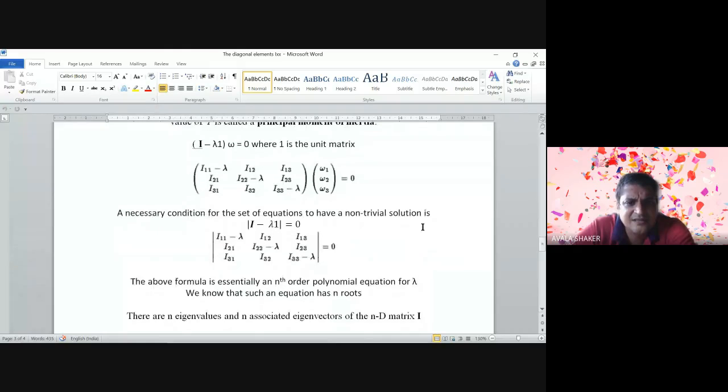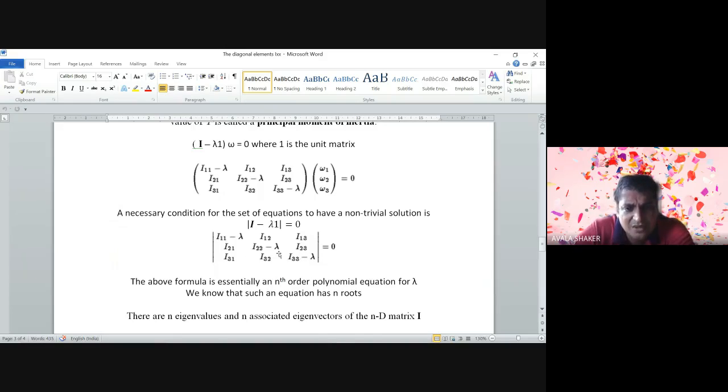The next is the necessary condition for a set of equations to have a non-trivial solution. This we know from mathematics: if you take the determinant of I minus lambda 1, it should be equal to 0. So we will solve this determinant to get lambda, because we have calculated all the I components.